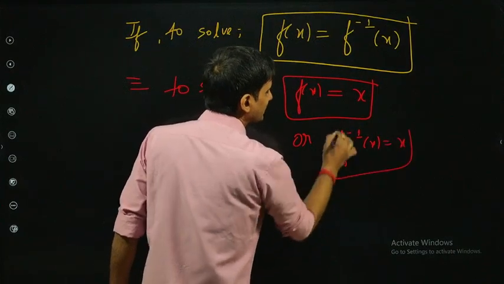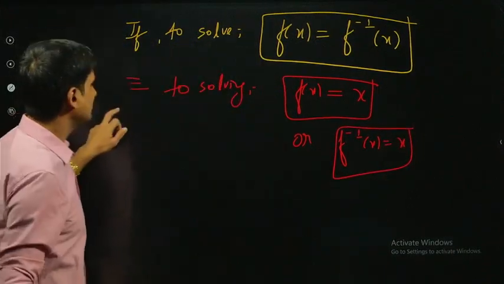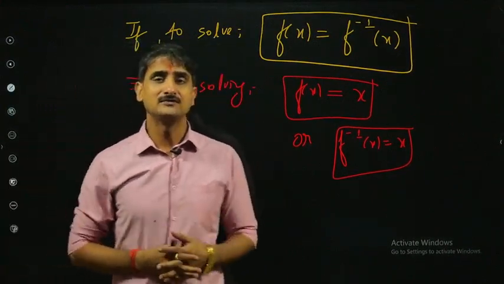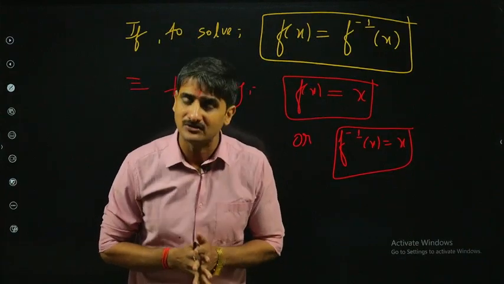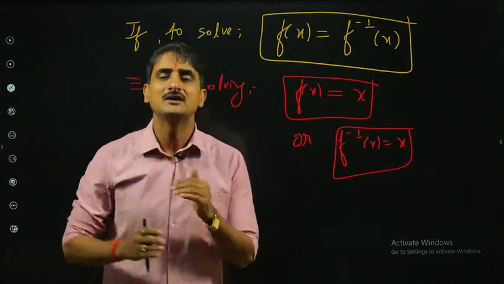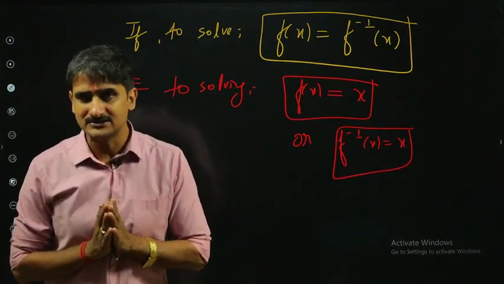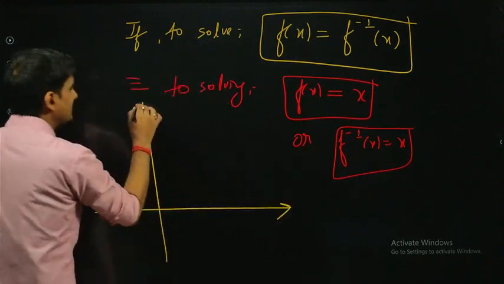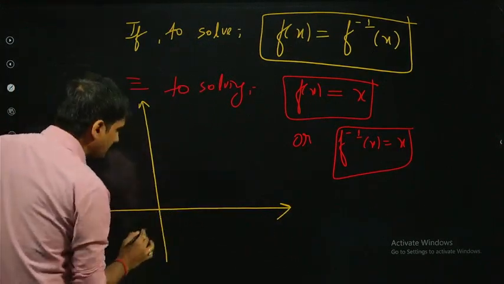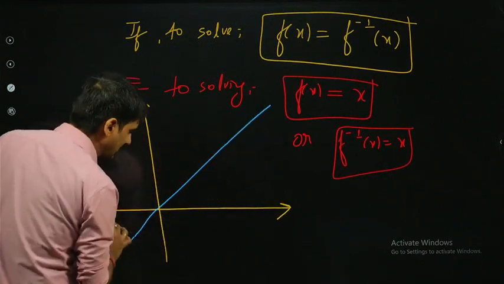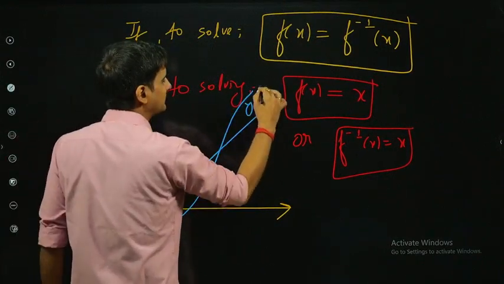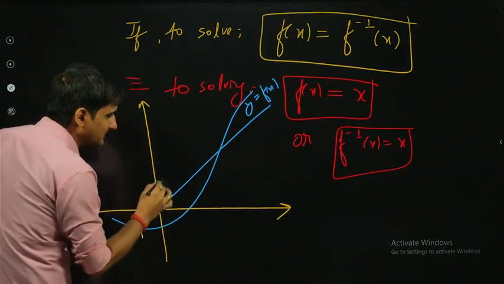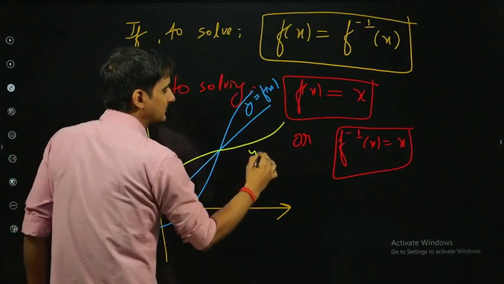And why so? We know from the property of the inverse function that the curve of a function and its inverse are mirror images on the line y equals x. So where do the object and image meet? If that's the curve for y equals f(x), also assuming it to be a 1-1 function, then its mirror image will be y equals f inverse x.